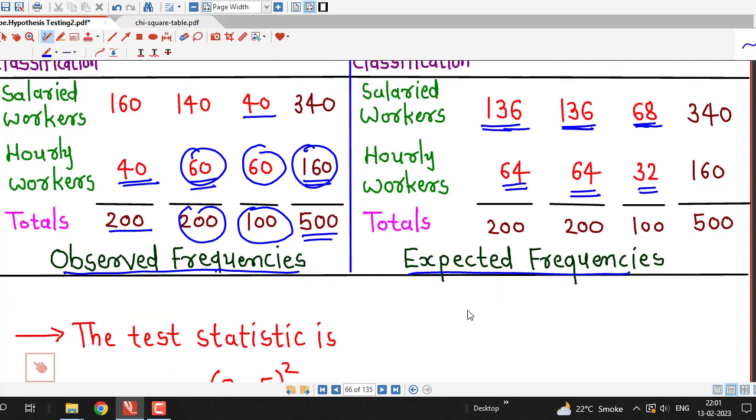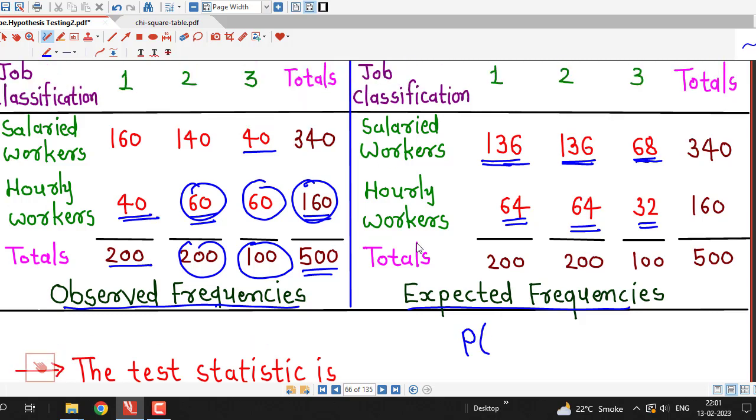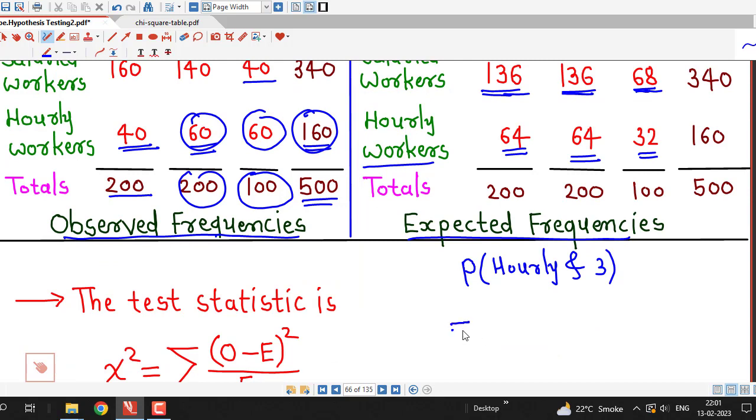For example, suppose I am interested in the probability that a worker is an hourly worker and he likes pension plan number 3. Because the null hypothesis is correct, this is equal to the probability that the worker is an hourly worker times the probability that the worker likes pension plan 3.